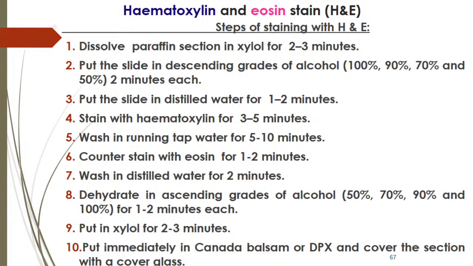Okay, next, this is the procedure of steps of staining with hematoxylin. It's very useful for methods of staining. First of all, after sectioning, when we have the histological slides on the glass surface, we need to dissolve the paraffin section in xylol for 2-3 minutes.